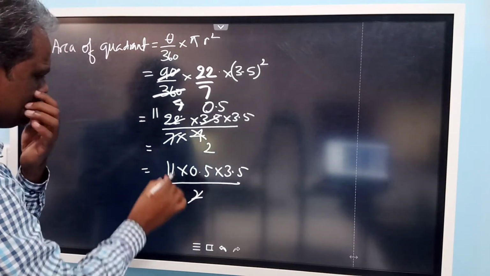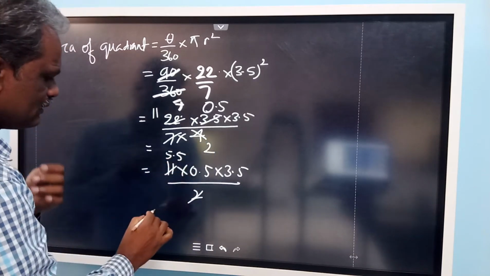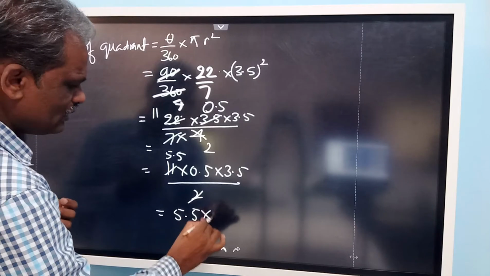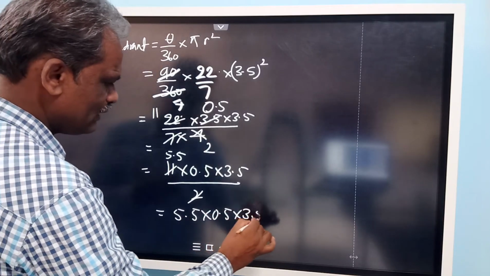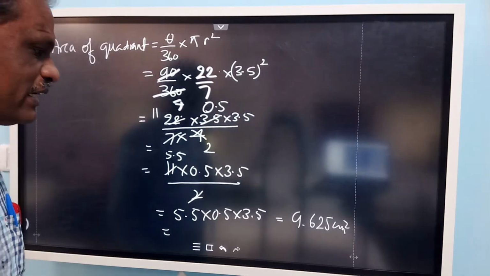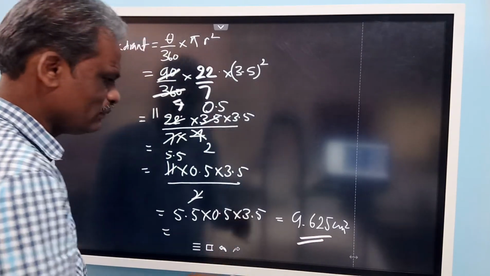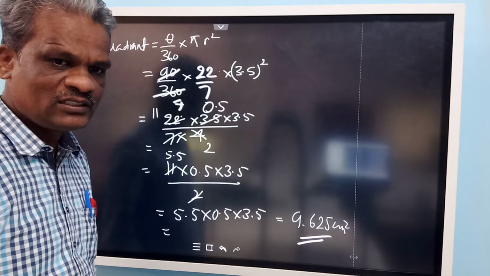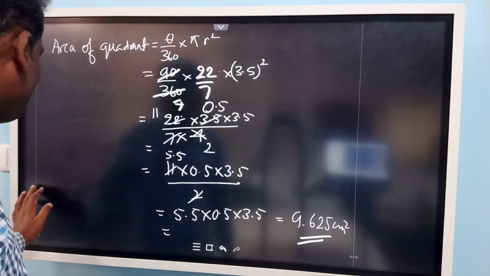Dividing, we get 5.5 into 0.5 into 3.5, the product of these three numbers. After multiplication, you will get 9.625 centimeter square, the area of the quadrant.